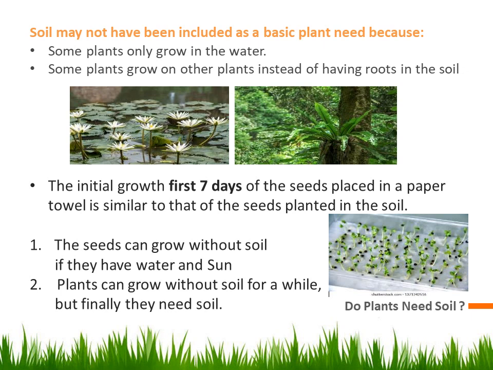Many of you already made this activity before, and you can see how seeds grow without the need of soil. The seeds can grow without soil if they have water and sun, and plants can grow without soil for a while, but finally they need soil.